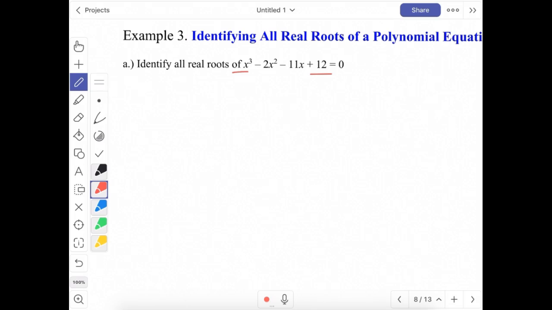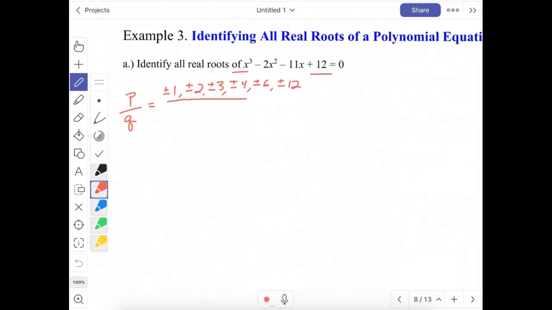So the factors of 12 tell us that we would have p over q. P is the factors of our constant term, which would be plus or minus 1, plus or minus 2, plus or minus 3, plus or minus 4, plus or minus 6, or plus or minus 12.